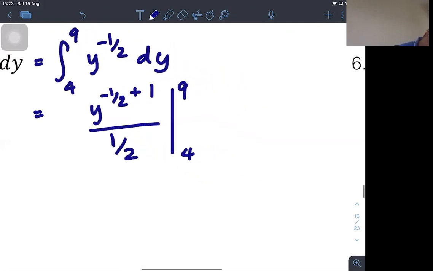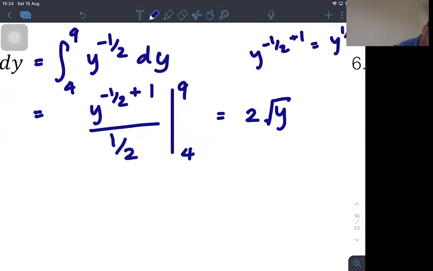I just make this look a little bit more beautiful. So I bring the 1/2 up there to be 2, and times the square root of y, because y to the minus half plus 1 is y to the half, and y to the half is the square root of y, right?